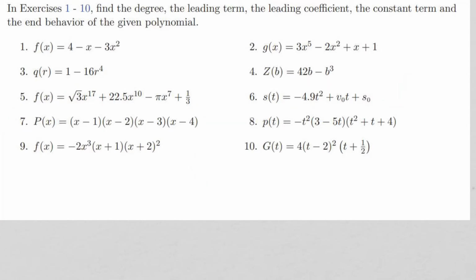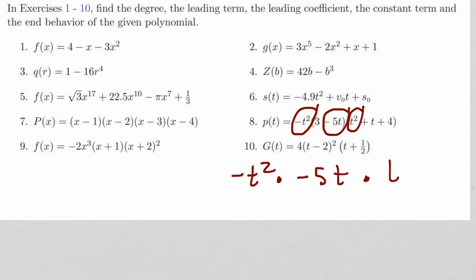Okay, let's look at number 8. Use that same idea to figure out what my leading term is. So I've got negative t squared. I'm going to have this one here multiplied by that, and then this one here multiplied by that, and that's going to give me my highest degree. That's going to be my first term if I put it in order. So I've got negative t squared times negative 5t times t squared.